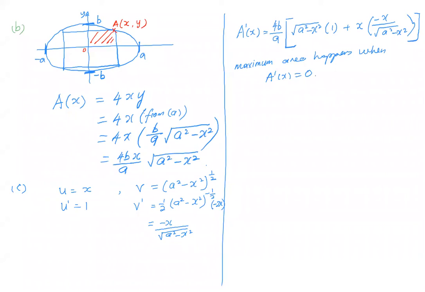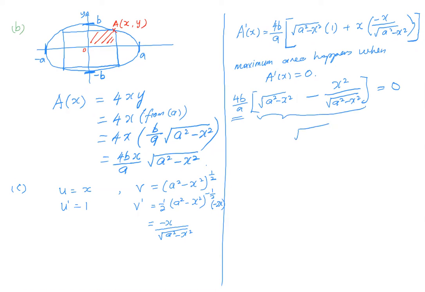So I write down 4b over a, square root of a squared minus x squared, take away x squared over the square root. So this one cannot be 0, correct? So this whole thing has to be 0.